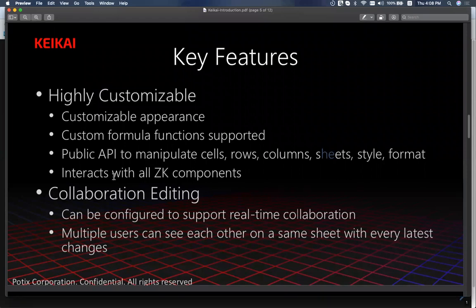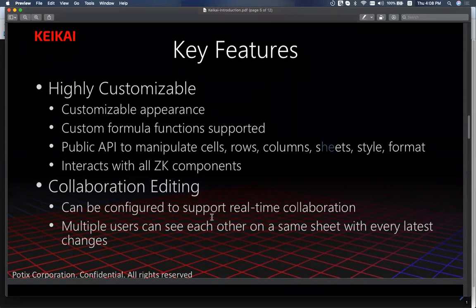You can easily interact with all ZK components. It also supports a collaborative edit mode, so multiple users can edit the same sheet at the same time, and everyone can see the changes in their browser in real time.